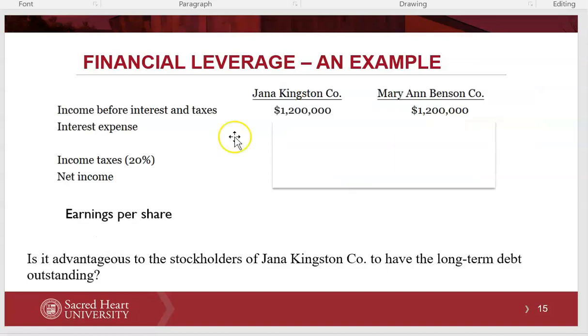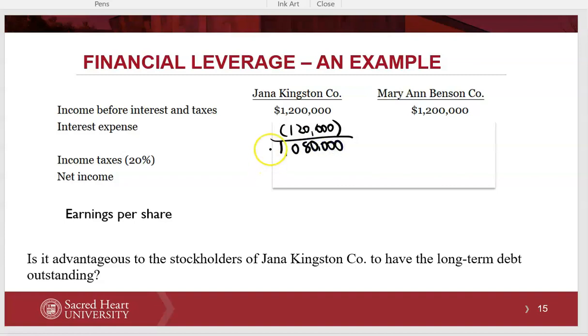So interest expense will be shown for Jana Kingston as 120,000, and that will of course reduce the operating income. So income before taxes is going to be 1,080,000, and income tax expense, 20% of 1.08 million, is 216,000. This is going to result in Jana Kingston Company having net income of 864,000.